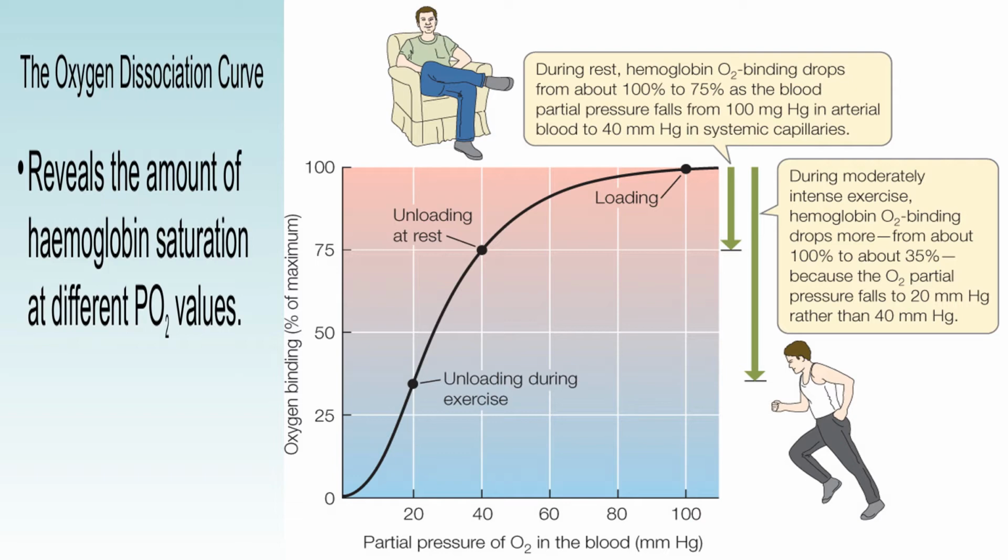Now, the atmospheric air which is inhaled will have high partial pressure of oxygen. So, the percentage of saturation of hemoglobin is 100%. As the oxygen partial pressure is more, the percentage of saturation with the hemoglobin is also high, so here it is approximately 100% saturated.